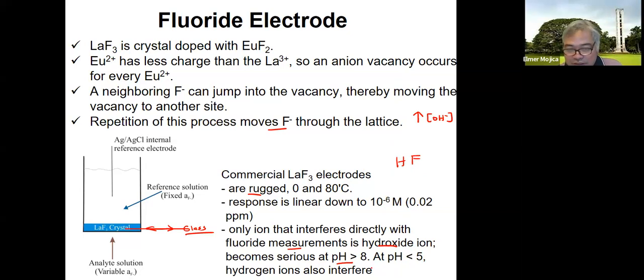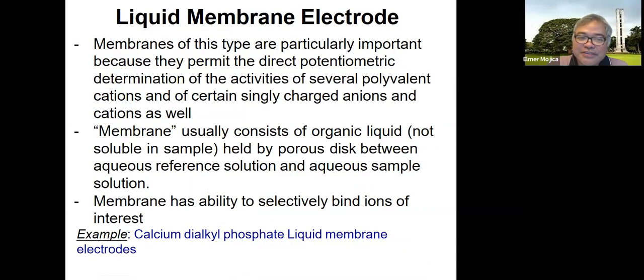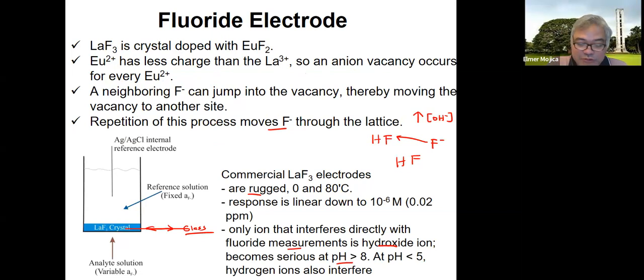So at low pH, your fluoride will react with the H plus. So what will happen? There is no response because there is no F minus. The F minus reacted with the H plus. So that is the crystalline one.